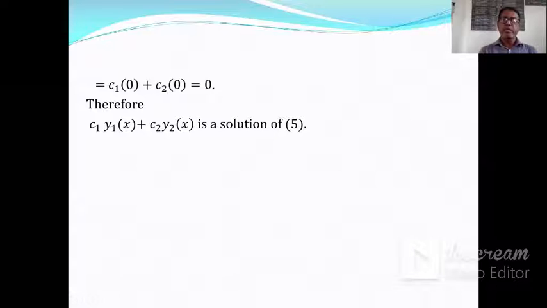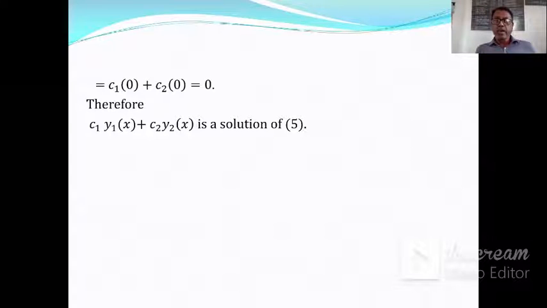Therefore, we obtain C1 times 0 plus C2 times 0, which is equal to 0. This means that in the left hand side of equation 5, if we substitute y by C1 y1 of x plus C2 y2 of x, we obtain the right hand side, which is 0.